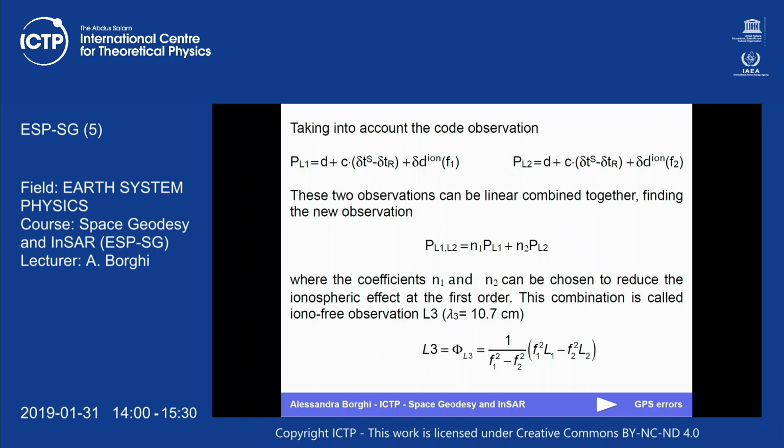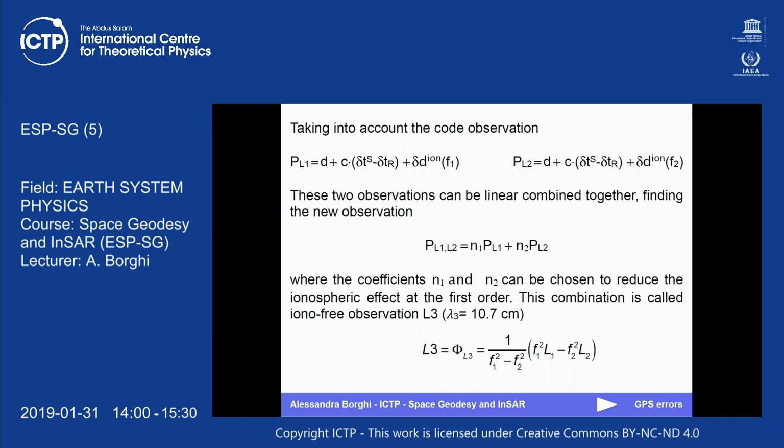Compare, I see just that the delay is different, but this does not cancel the differences. The combination using N1 and N2 that give us these values gives us a new observation that is free from this effect.